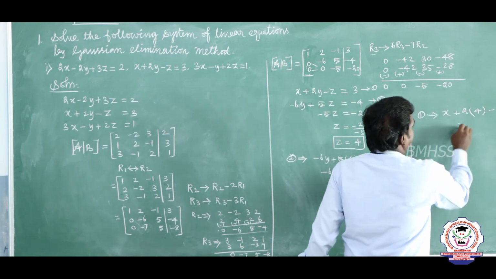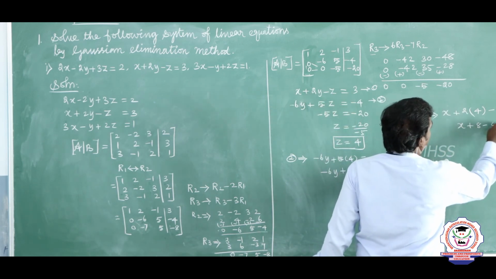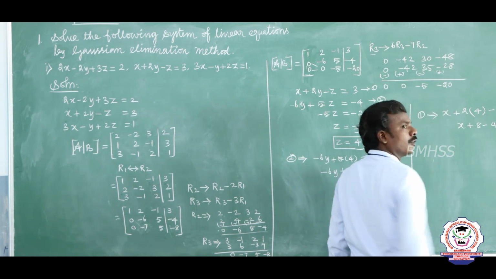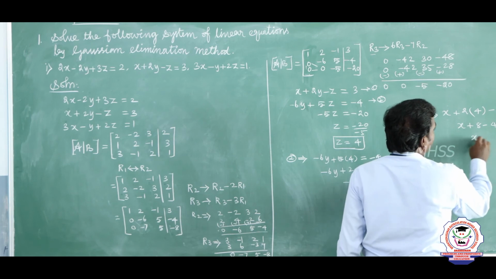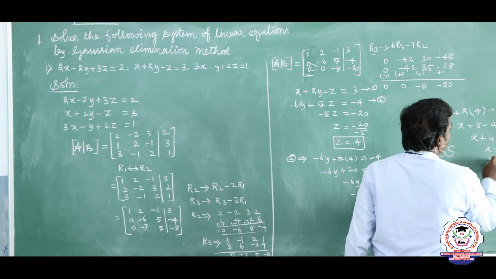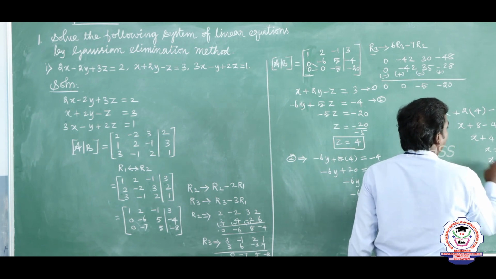So x plus 8 minus 4 equal to 3. 8 minus 4 is plus 4, so x plus 4 equal to 3 and x equals 3 minus 4. Therefore, the value of x equals minus 1.